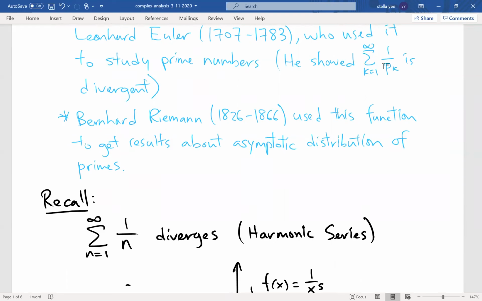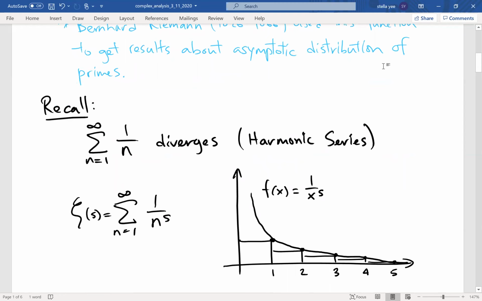Let me show that it does converge if you take s that's larger than 1. So what I'm going to do is what's called the integral test, but imagine a continuous version of this, 1 over x to the s. That's a curve that looks something like this. And note that this curve has area beneath the curve larger than the sum of 1 over n to the s for n = 2 and above.